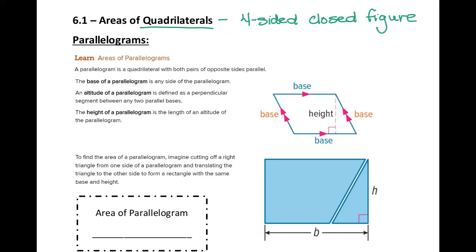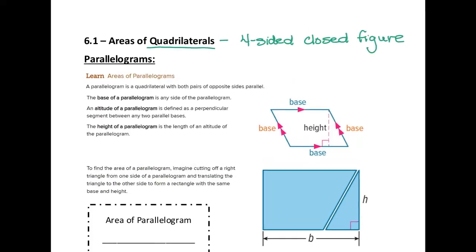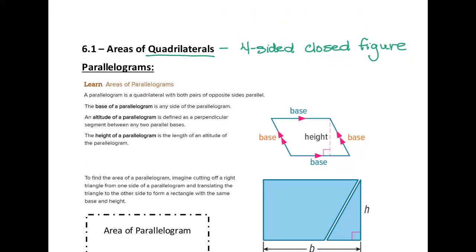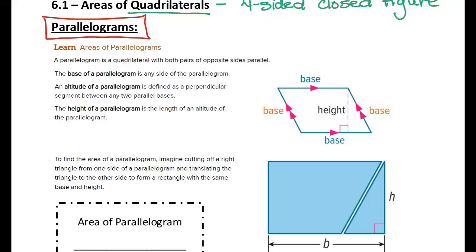So first up, and the very first formula that we are talking about is the parallelogram. All right? A parallelogram, it says, is a quadrilateral. So quad means 4.